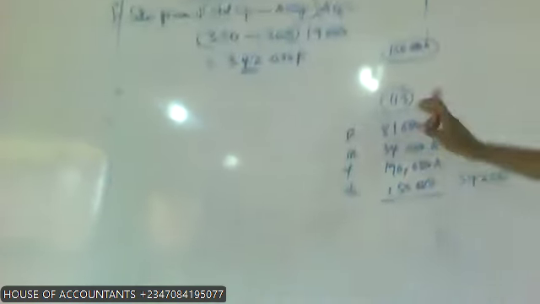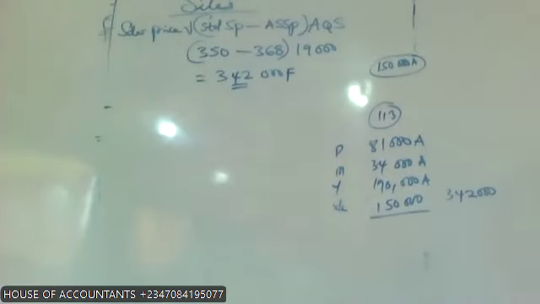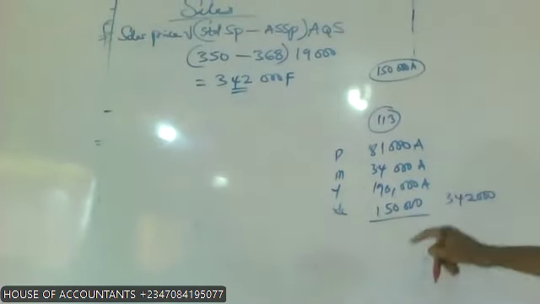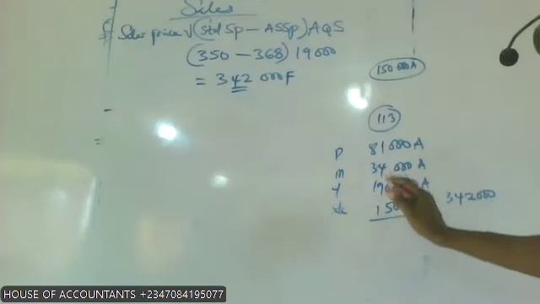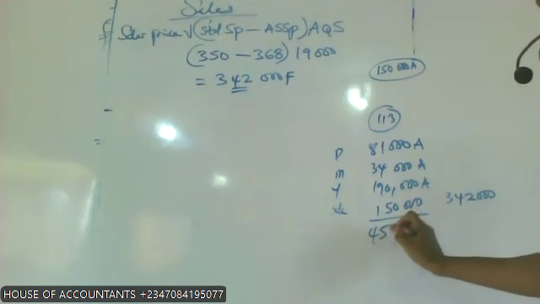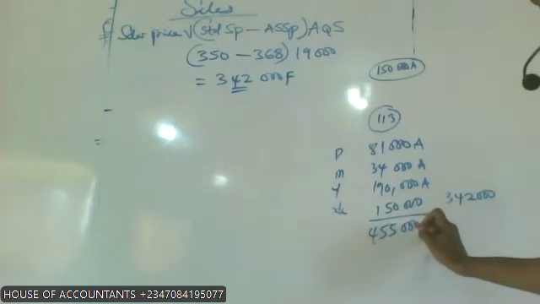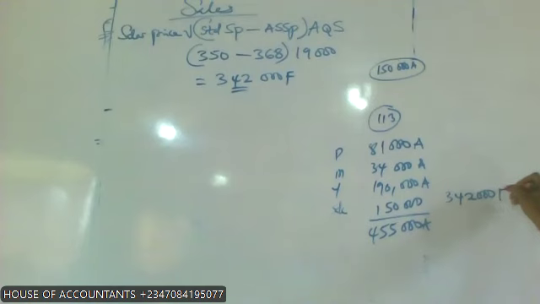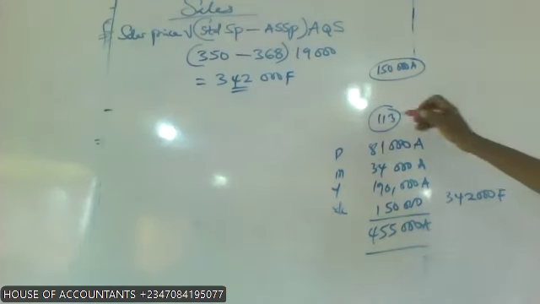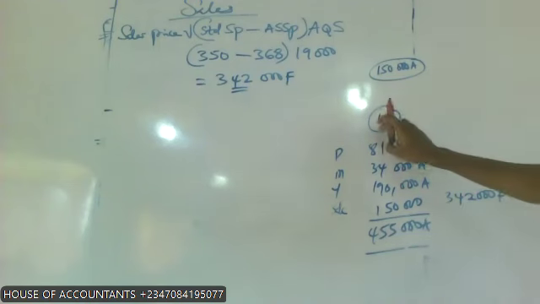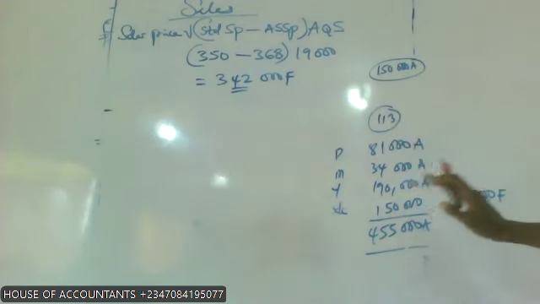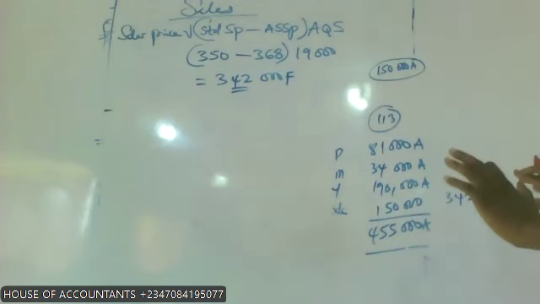You get 113,000. This is adverse and this one is favorable. So the difference between this and this should give us 113. Does it give us? Yes. We already know our answer.